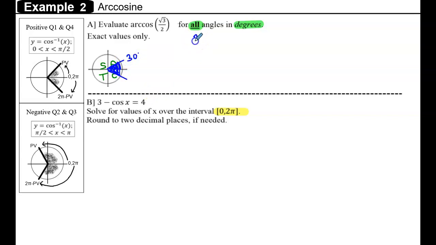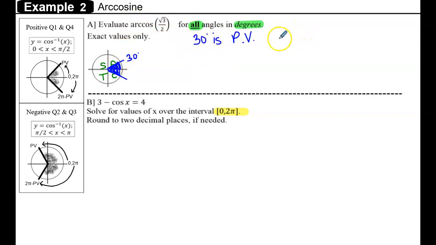So 30 degrees is our principal value, since that's a quadrant 1 angle and it's positive. And if I start at 30 degrees and rotate one full revolution around the circle, that would be 360 degrees, which would get me back to another angle for which the arc cosine is √3/2.